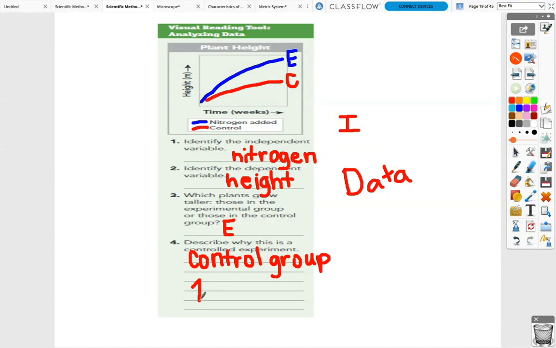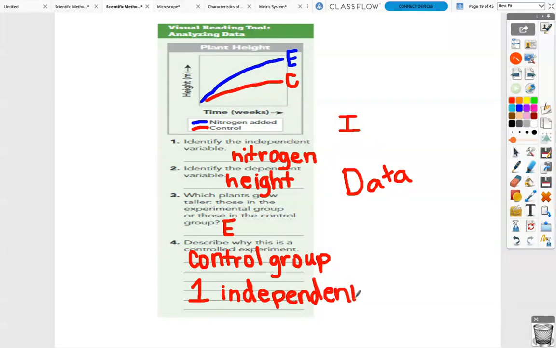But remember, when you're doing an experiment, you have to have one independent variable. So if you have more than one variable, you're not going to know if your results came from the thing that you were testing or if it came from something else. So just make sure anytime you're looking at an experiment, they should have just one independent variable.